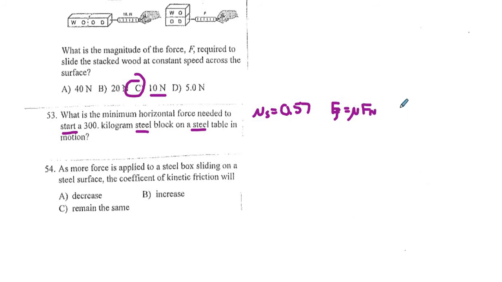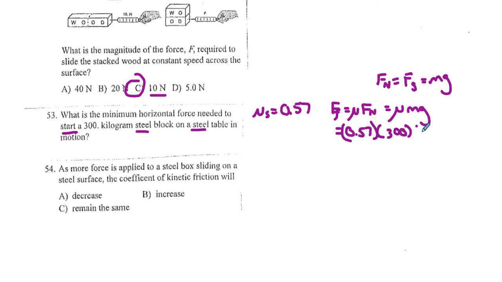It's a flat level surface, so the normal force is equal to the force of gravity, mg. So this becomes mu times m times g. Plug in the numbers: 0.57 times 300 times 9.81. When I threw these numbers in, I got a value to 3 sig figs of 1710 newtons.